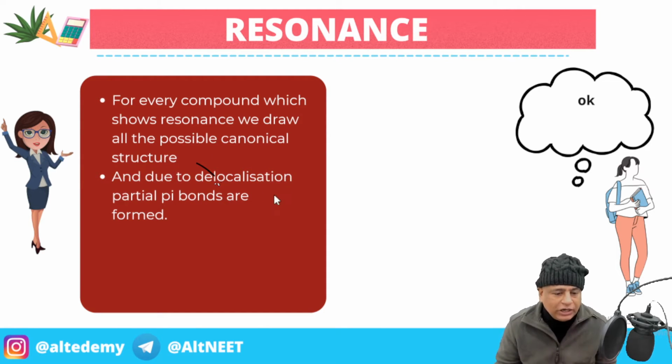And due to delocalization, partial pi bonds are formed. This is what you are getting. You are getting a bond length of 1.39. They are partial pi bonds. They are neither a complete single bond nor a complete double bond. They are partial pi bonds.